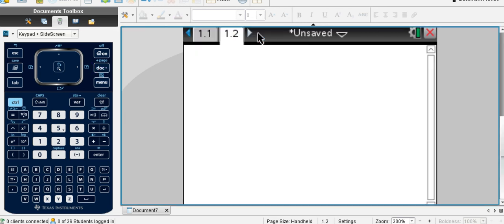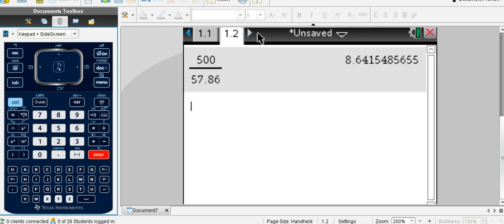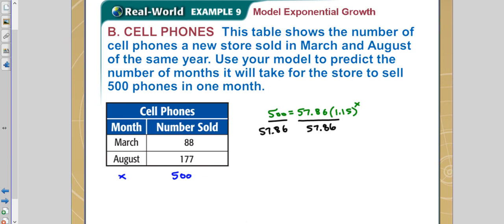Calculator, we want 500 divided by 57.86. This gives us a value of 8.64. So now I have 8.64 equals 1.15 to the power of x.